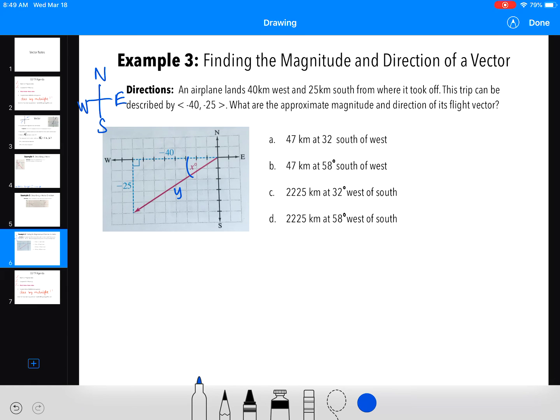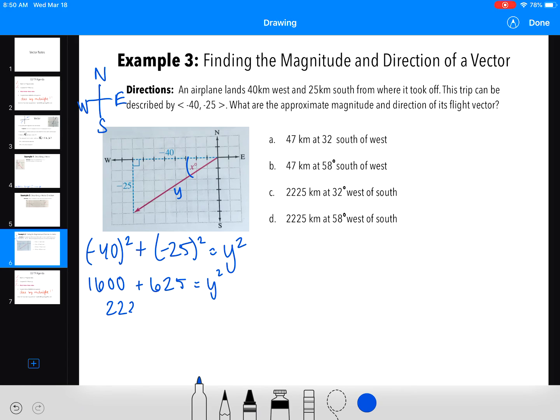So to solve for y, I'm going to use -40 squared plus -25 squared equal to y squared. Let me grab my calculator. 40 times 40 gives me 1,600. Okay, 25 times 25 gives me plus 625 equal to y squared. Add those together, I get 2,225 equal y squared.